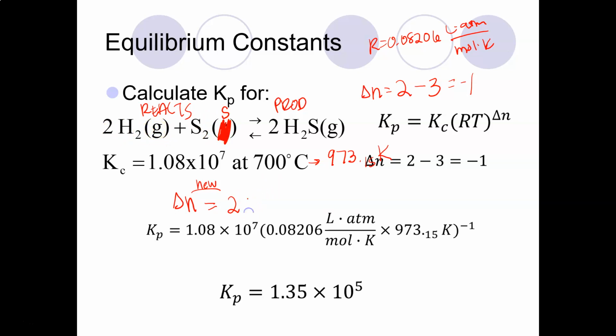Oops, minus. So my delta N would be 0. So things that are solids, liquids, or aqueous, we ignore them when we do delta N. Again, you would be given this equation, you would be given R, you would be given a balanced equation and a temperature, and given either Kc or Kp and asked to solve for the other one. That's how these problems are going to go.